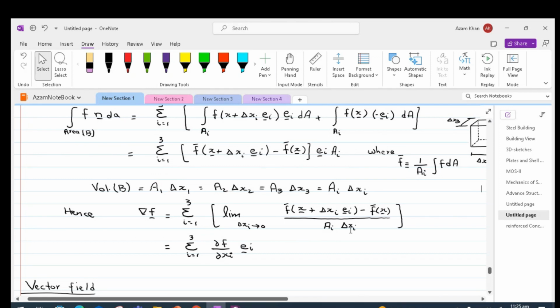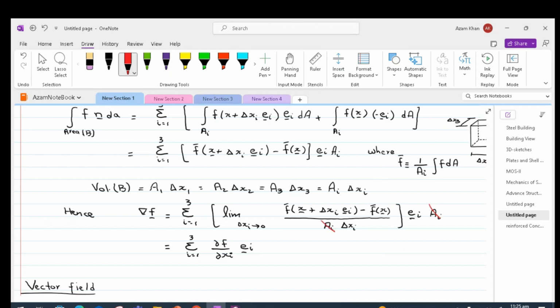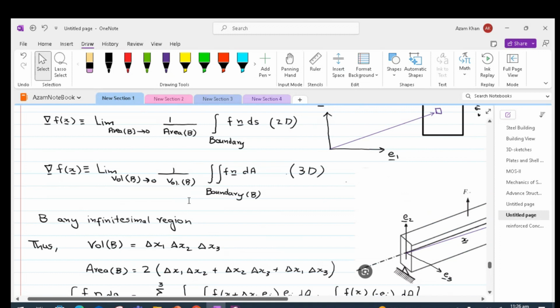Once this is written like that, we can cancel out the Ai. And if we take the limit, the delta xi tends to 0. We make xi tend to 0 because A we assume as a constant. So instead of volume tending to 0, volume is made up of A and xi, and xi is that step which is changing.